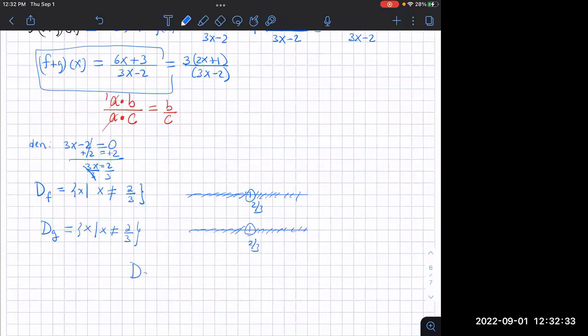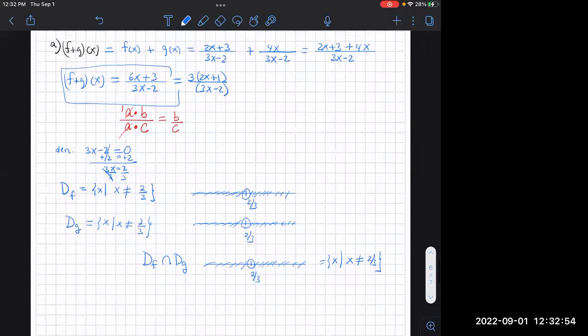What is the intersection? Everything except 2/3, which is x is not equal to 2/3. Therefore the domain of f plus g, which is just the intersection of the domains, is everything except 2/3.